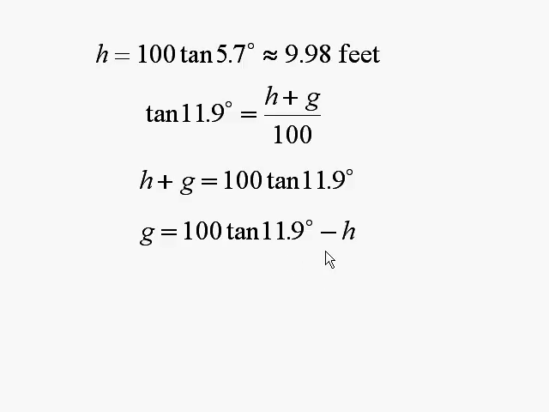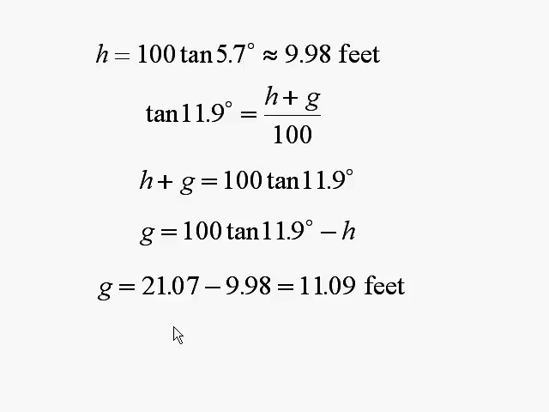So out comes a value, and from the calculated value of h that we had, we can get the value for g as built on that h. That means the g value is 11.09, as the difference between 100 tan 11.9 degrees and the calculated value for 100 tan 5.7 degrees.